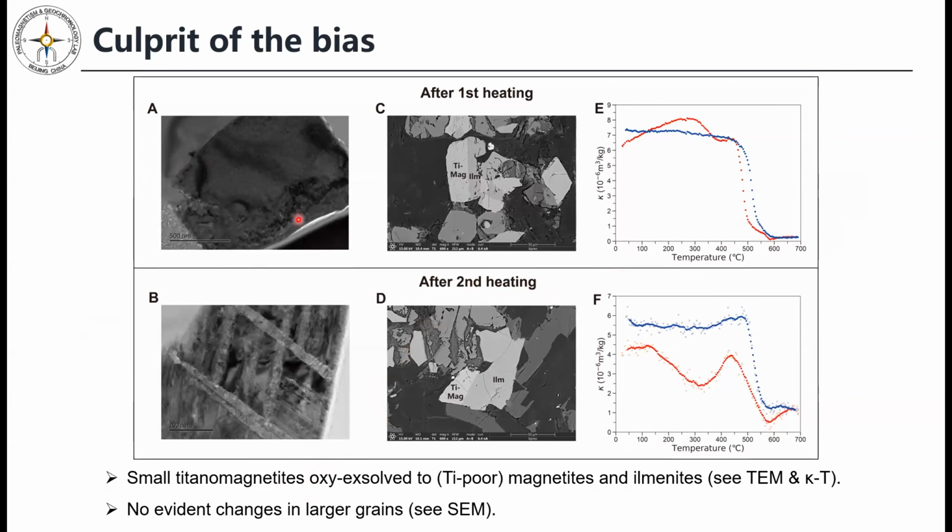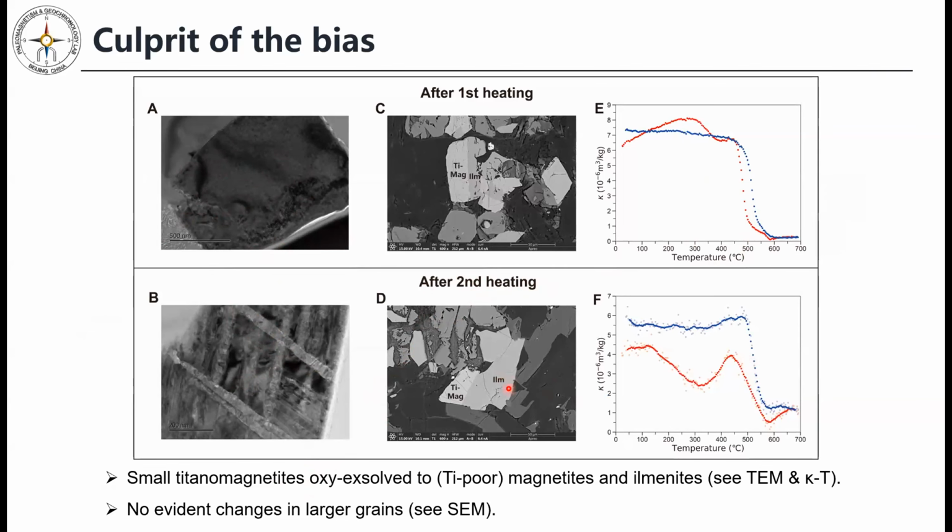We can see here in a TEM observation, this is a homogeneous titanomagnetite, and after the heating, it will oxy-exsolve to ilmenite and titanium-poor magnetites. And we can also see this trend in their KT plots.